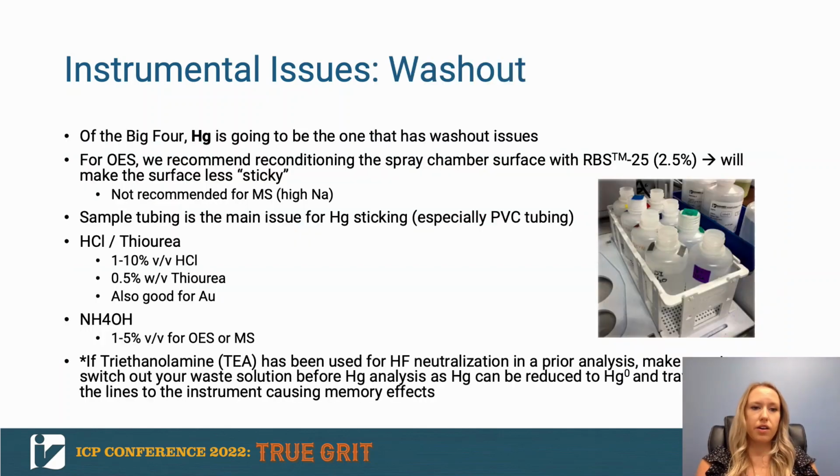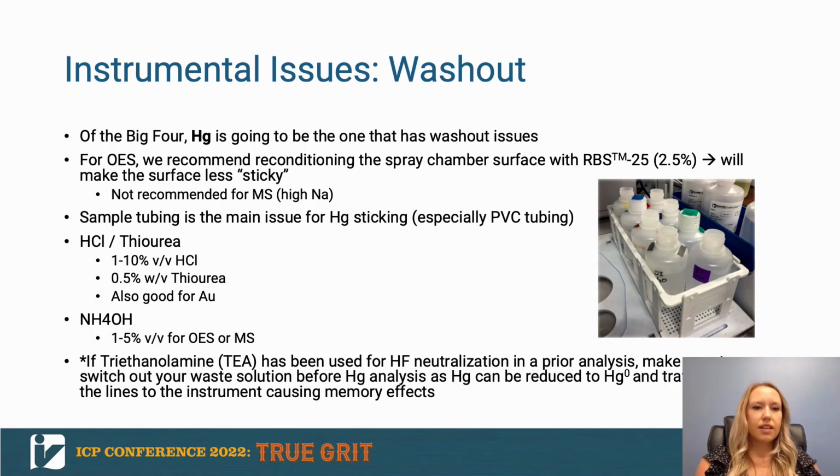Another issue to keep an eye on is washout. Certainly of the big four, mercury is going to be your major culprit for causing washout issues or memory effects. One thing that we recommend for ICP OES is running RBS 25, which is a surfactant. We run a 2.5% by volume RBS 25 solution at the end of each analysis to prevent sticking.